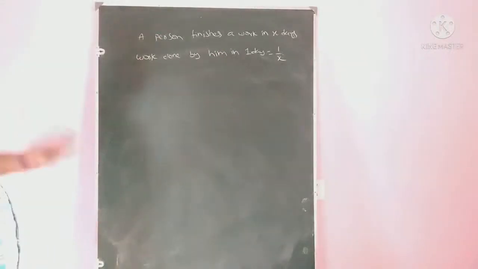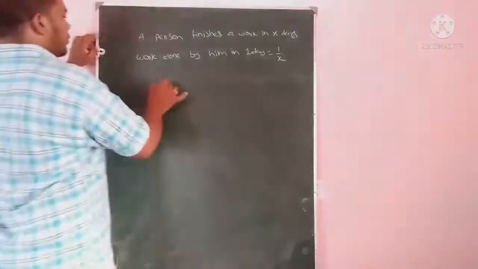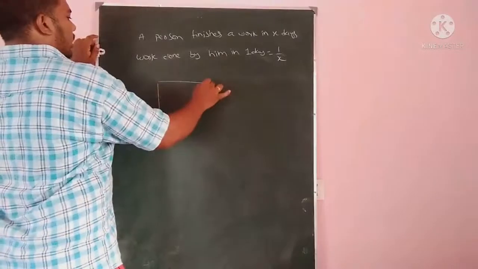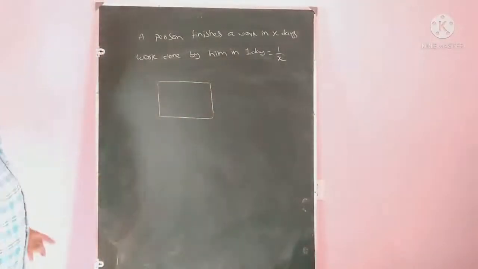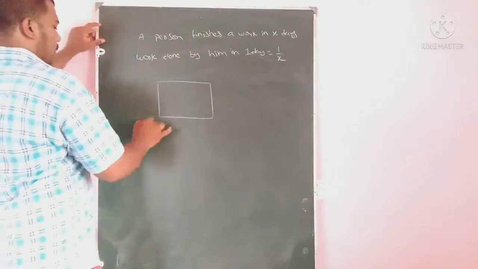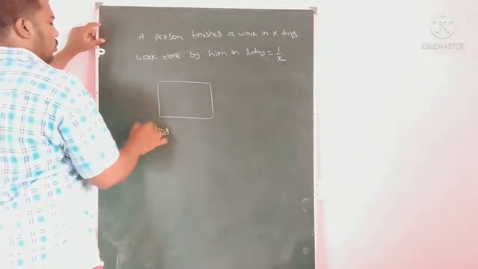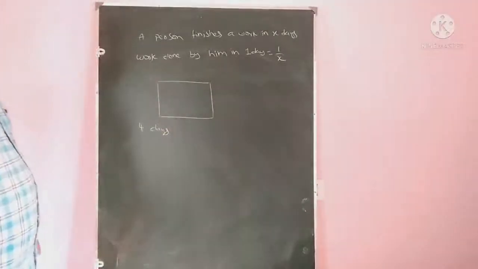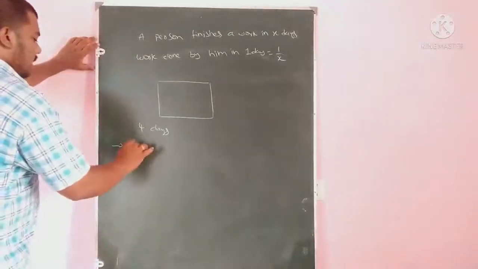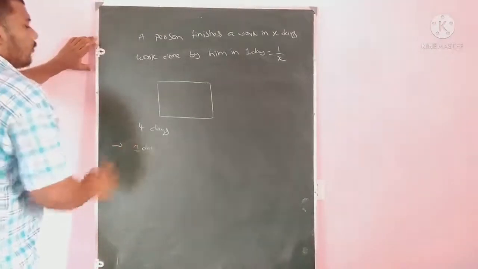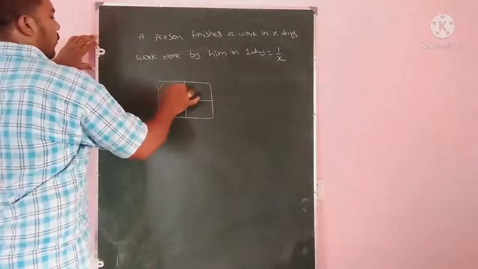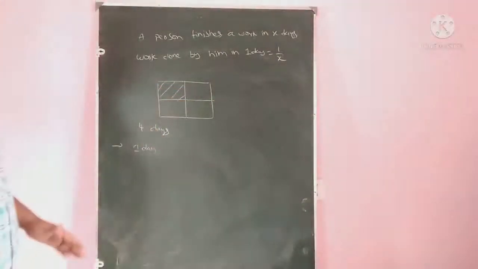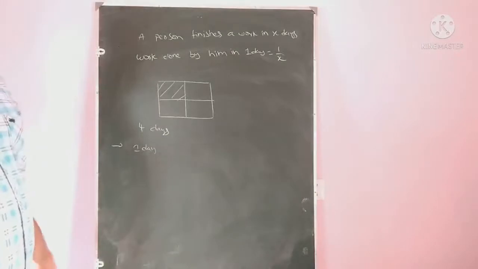Let's go with an example. Consider this is a wall, and I ask you to paint this wall. If it takes 4 days for you to paint the wall, that means in 1 day you finish 1/4 of it.